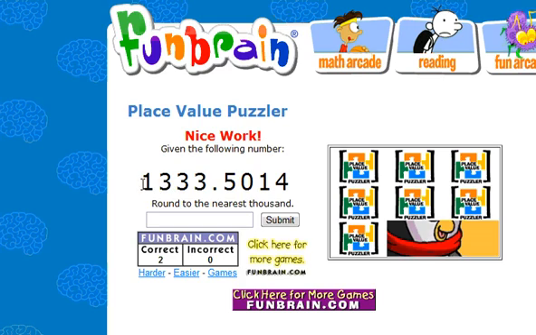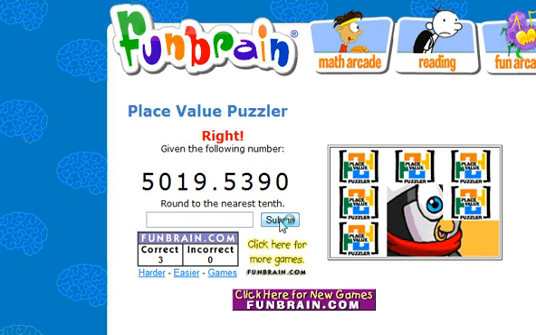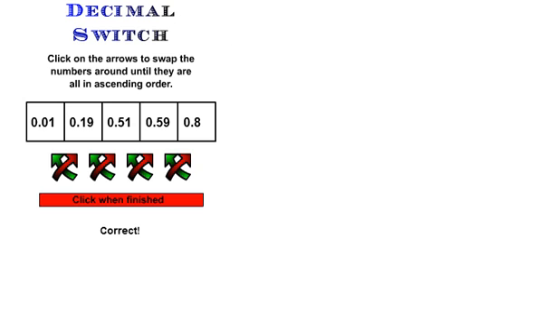Ones, tens, hundreds, thousands. So we have to look at the place right after, which is a 3. Since that's below 5, we will round down and take out all these, and this will still be a 1. So the answer will be 1,000. Submit. Okay, that's how you do those two activities of place value puzzler and decimal switch.